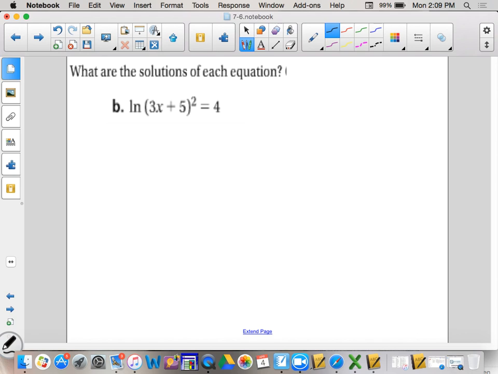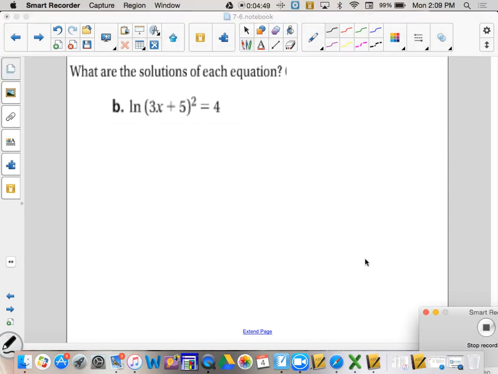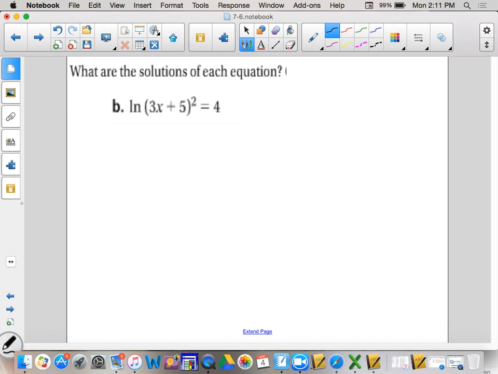What about this one? The natural logarithm of (3x plus 5) squared equals 4. Y'all try this one. So what do I do first?